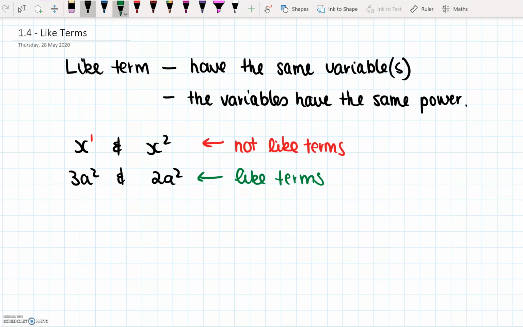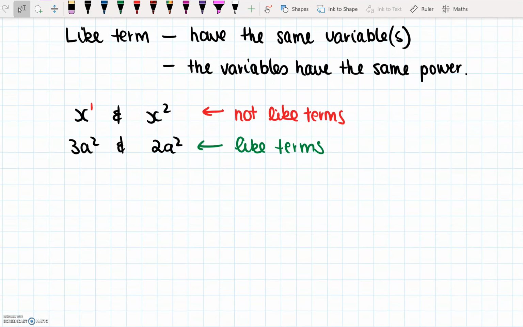You need to be careful though, because what we could also have is 4m squared n and 3mn squared. Now do they have the same variables? Well, both of them have an m and an n, so that's good. Do the variables have the same power? Here m is to the power of 2, whereas here m is to the power of 1.